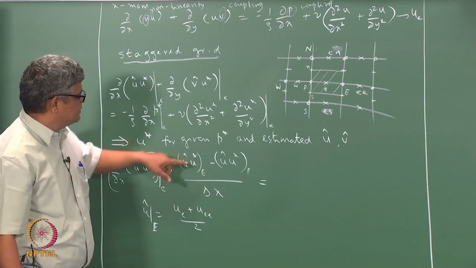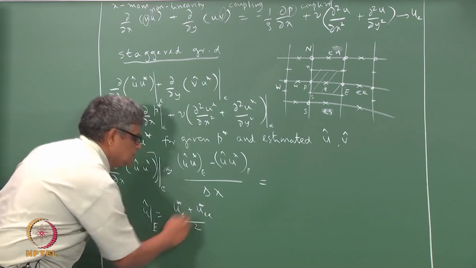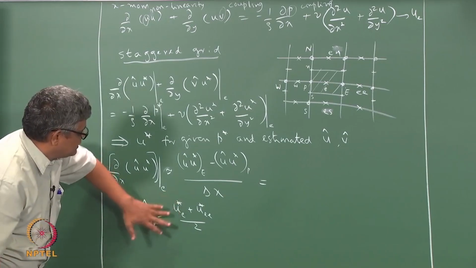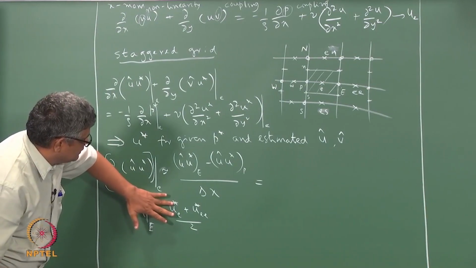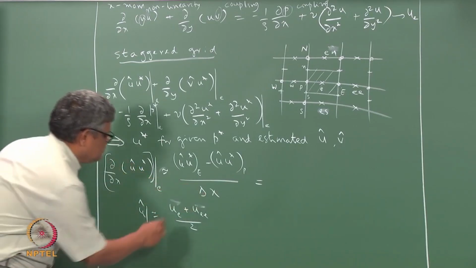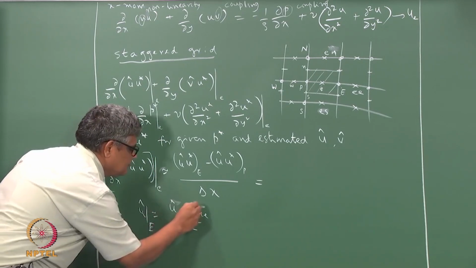Now this is an equation for u star, so this is the current value of u star, but if we make it the current value of u star, then it becomes nonlinear. So we will put this as the previous values.